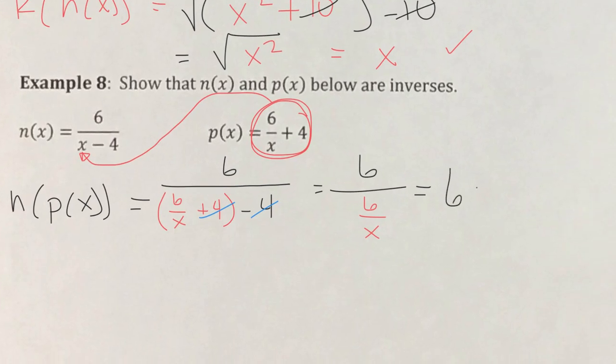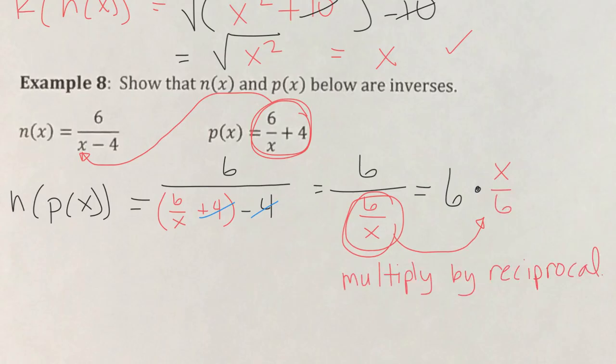So you need to know that instead of dividing by a fraction, we're going to multiply by its reciprocal. And when that happens, 6 divided by 6 is 1, and we just get x as your answer, which is what we expect. Okay? So whenever we divide by a fraction, we stop and instead we multiply by its reciprocal. Okay, very important to remember to do that.